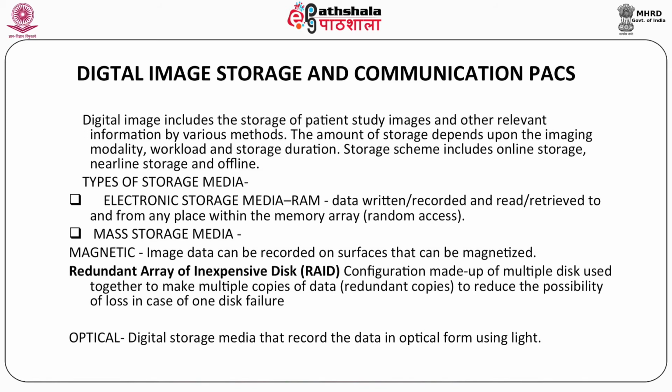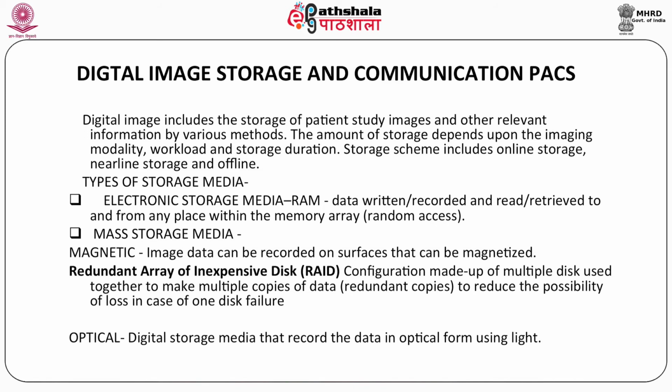The storage scheme includes online storage, near online storage and offline storage. Types of storage media are electronic, RAM, random access memory. Data can be written, recorded and read out, retrieved to and fro from any place within the memory array.